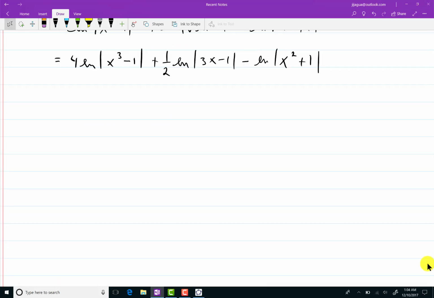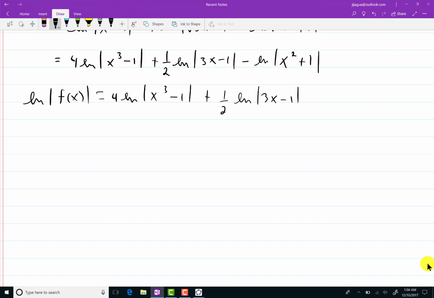So what I have so far is ln absolute value of f of x equals 4 ln absolute value of x cubed minus 1 plus 1/2 ln absolute value of 3x minus 1 minus ln absolute value of x squared plus 1.